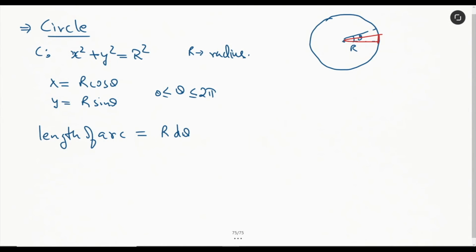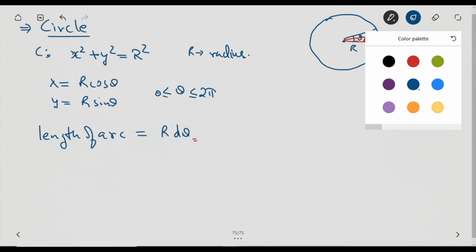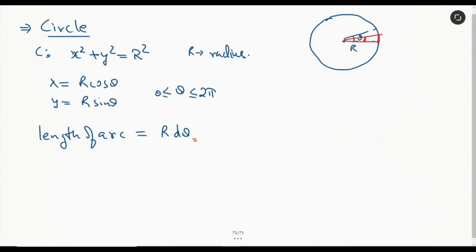Let's say this angle is d theta, radius is the same, so this length is going to be r d theta, and of course it can be integrated from 0 to 2 pi to get the circumference, and that is what we get as 2 pi r. So when you are on the curve, the radius is going to be constant.